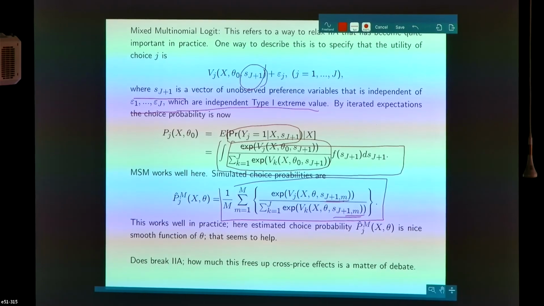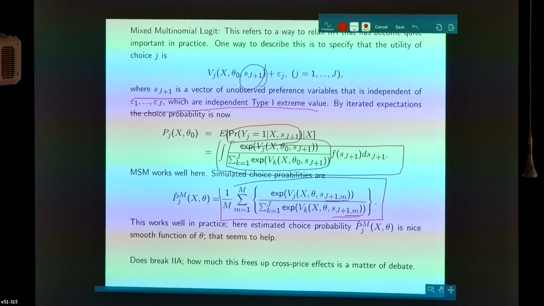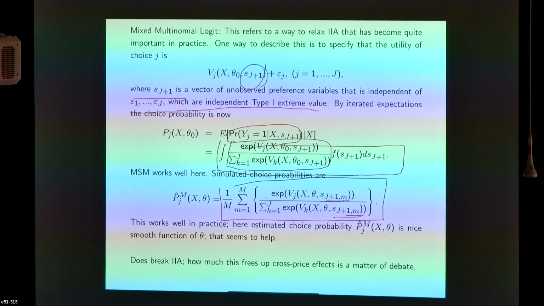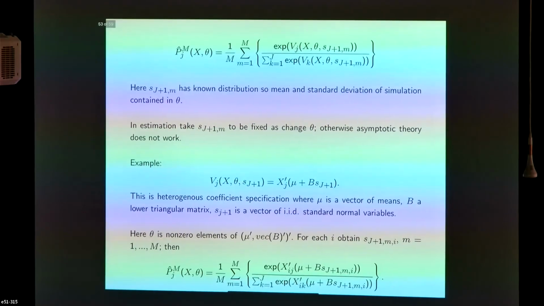This was done a lot in practice, in particular in connection with Berry, Levinsohn and Pakes, estimating the demand model for imperfect competition. It does break IIA. How much this frees up cross price effects is a matter of some debate. Anyway, never mind. Go on.